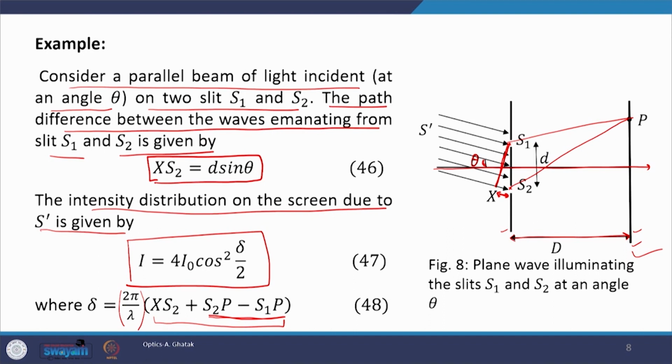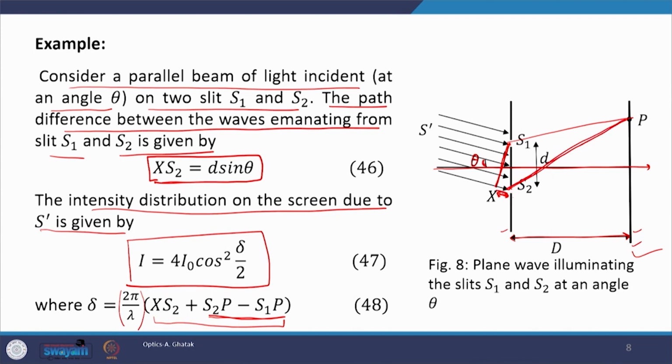But in the present case, when the ray emanates from the two sources, it has an a priori path difference, which is XS2, which is d sin theta. Therefore, the S2P path will have an additional path difference.